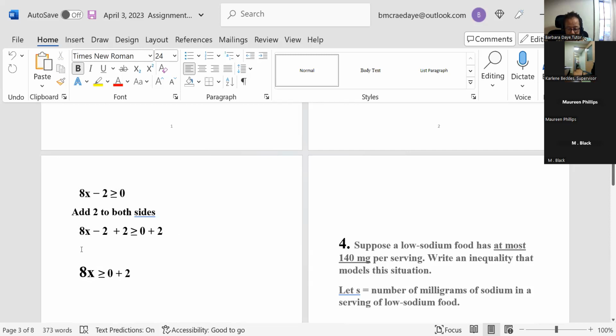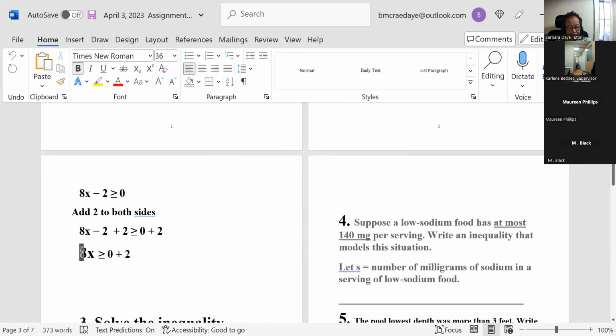Questions? So what's left is +2. Okay, we have 8x on the left, because like I said, the -2 and the +2 gives you 0. Yes. 8x plus 0 is just 8x. And on the right side, we have 0 plus 2.